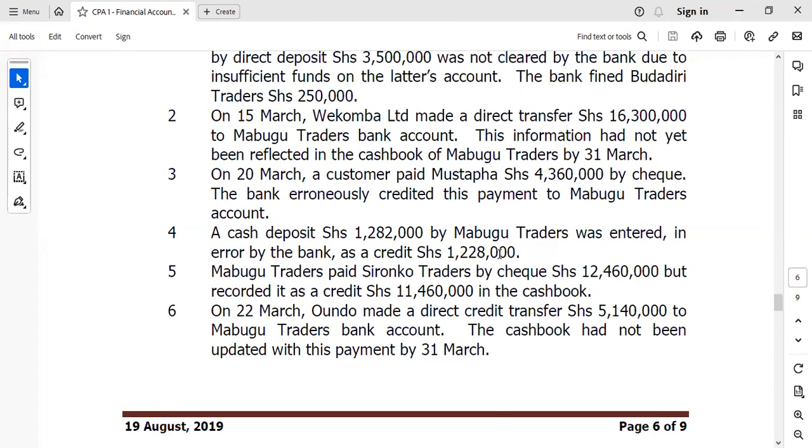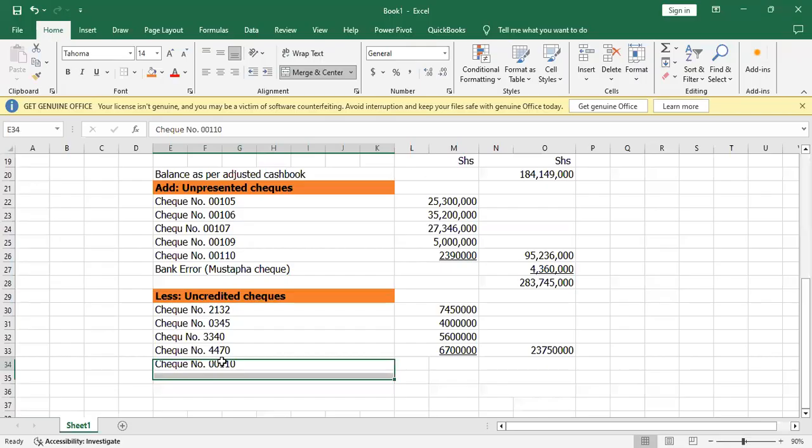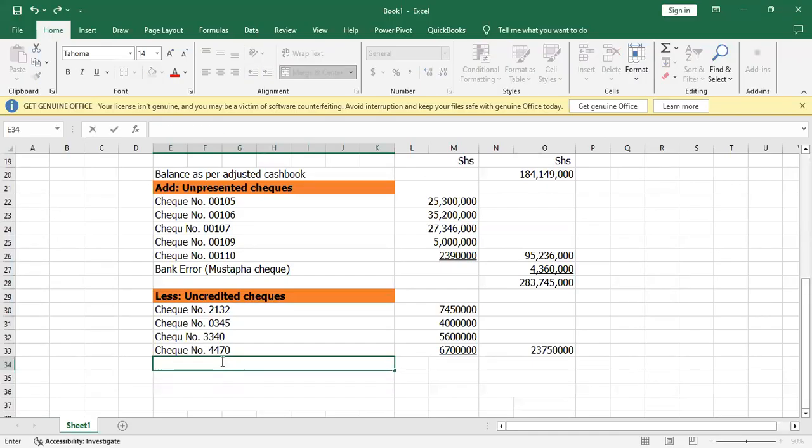The difference is an amount that was not credited, so it will be part of the uncredited checks. 1282 minus 1228, a difference of 54,000. So that amount is taken as something that was uncredited, but of course it comes as a bank error.